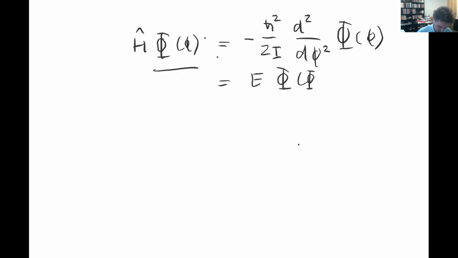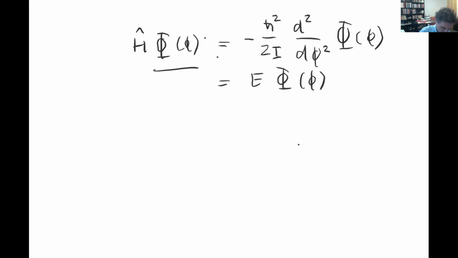Oops, that's not right. It's regular phi. Okay, so the capital phi is the name of the function. Little phi is the variable. That's the angular motion. The angular motion will happen along phi. So this is my eigenvalue equation that I'd like to solve.